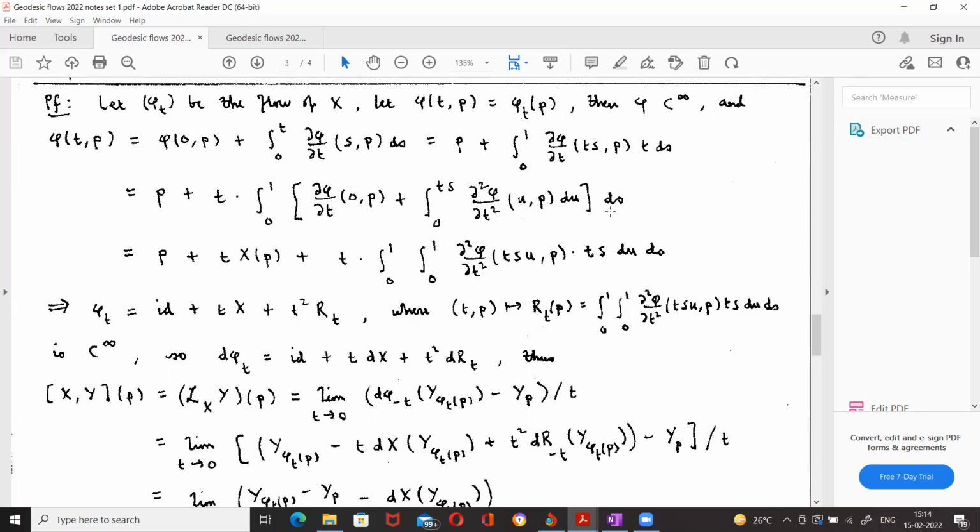Now, what is ∂φ/∂t at (0, p)? That means d/dt at t = 0 of φ_t(p). That is exactly X of p, right?